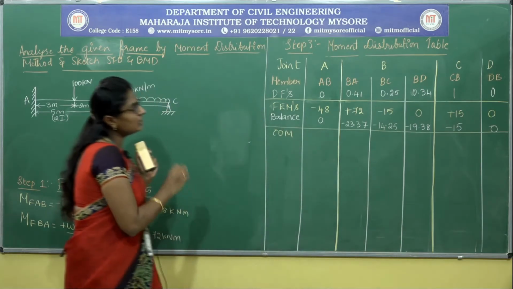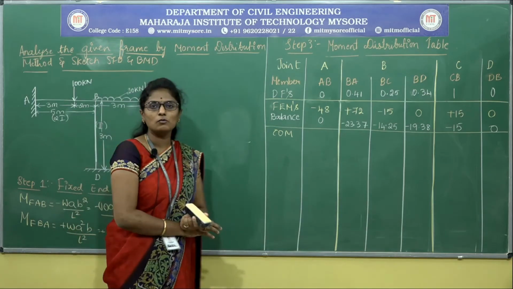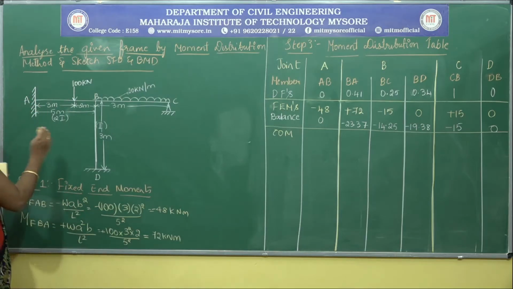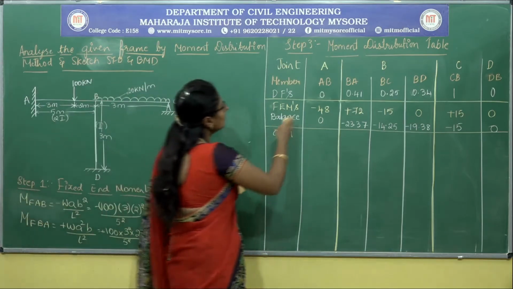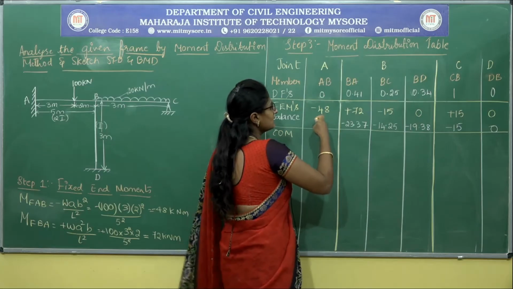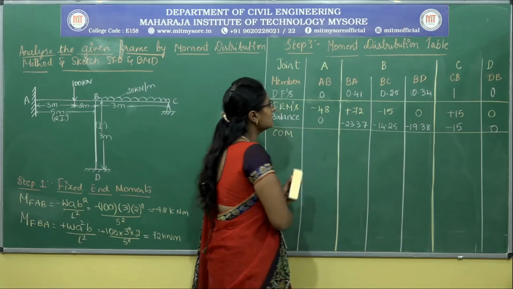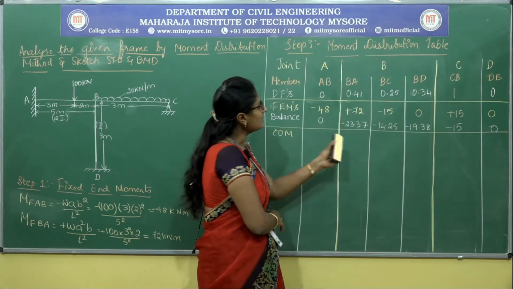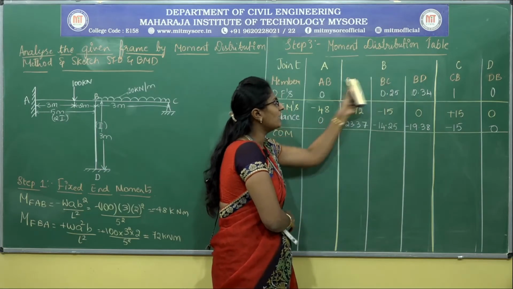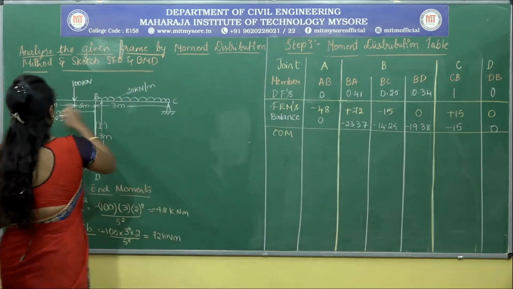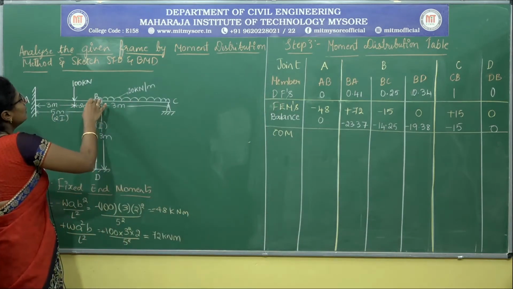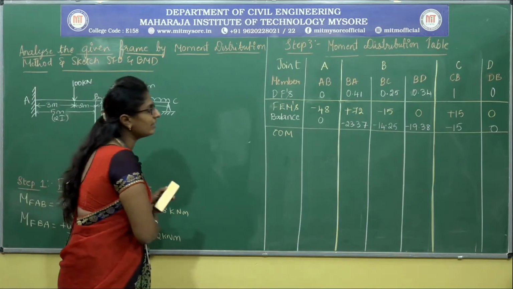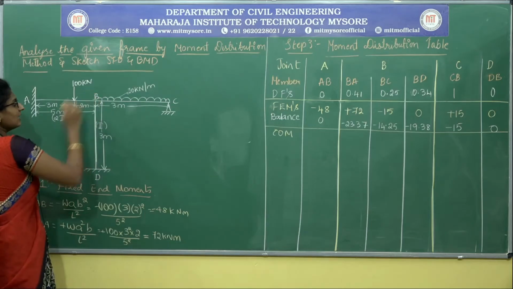Next is the carryover moment. So now you need to be even more careful while carrying the moments. Now see here, the balanced moment for AB is 0, so there is nothing to transfer, so we can leave this span for AB, that is to be transferred for BA. Next come for joint B, we have BA. At BA, the balanced moment at B is minus 23.37, that is in the anti-clockwise direction.